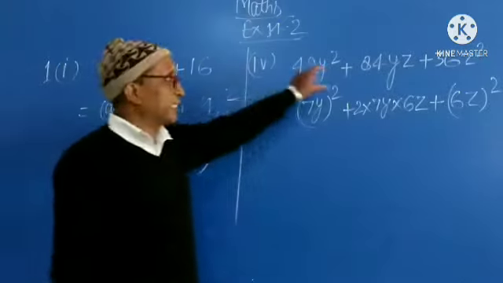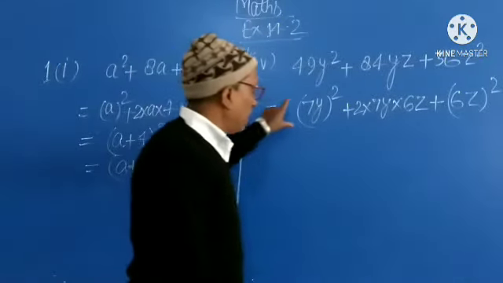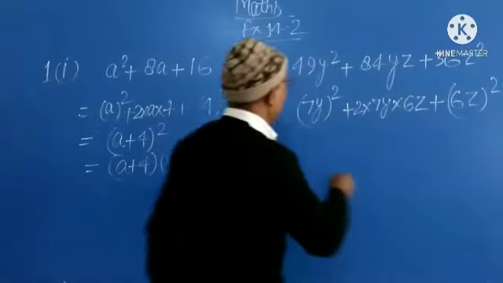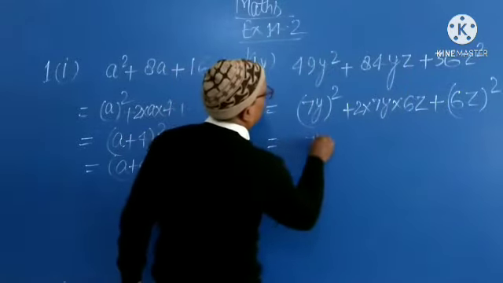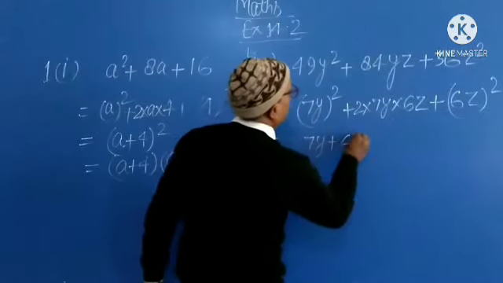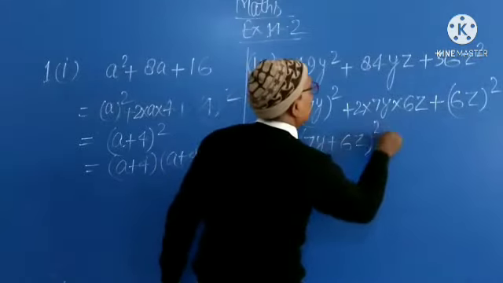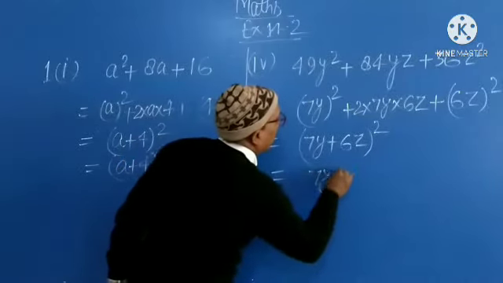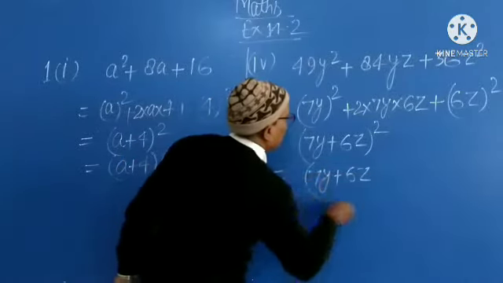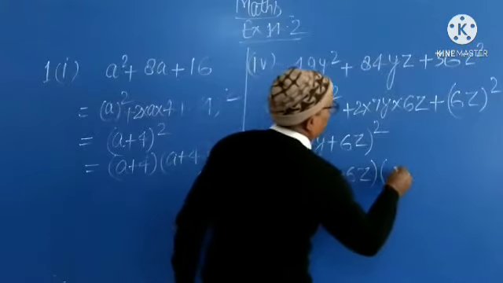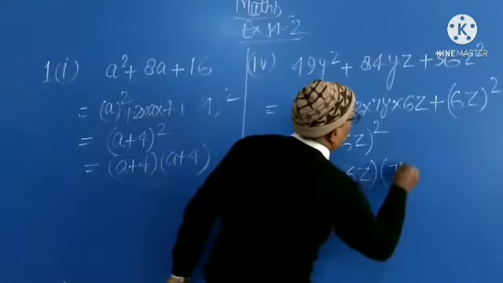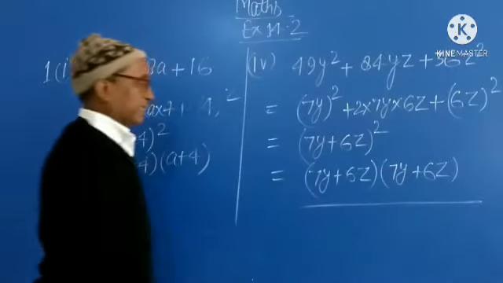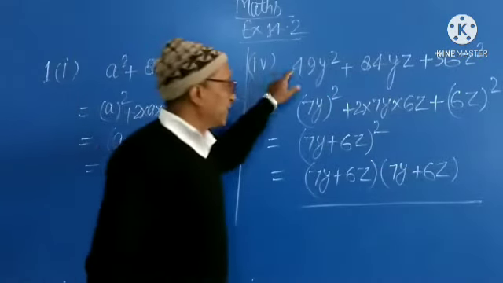Means this expression is written in the form of a square plus 2ab plus b square. Then I write here (7y plus 6z) whole square. And you also write this 7y plus 6z in the first bracket, and in the second bracket you also write 7y plus 6z. This is the factorization of this expression.